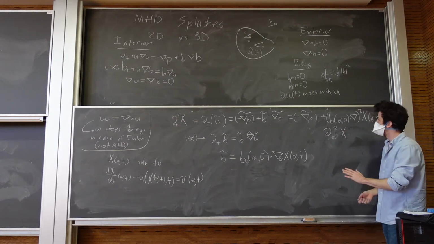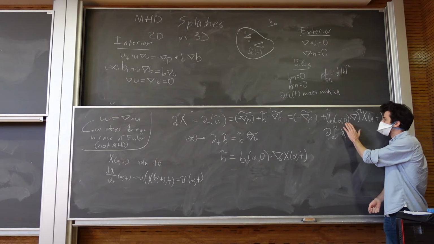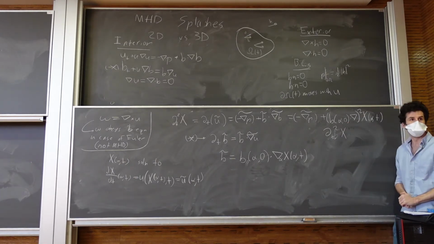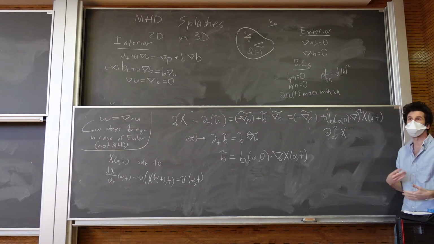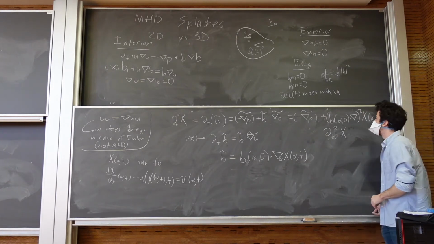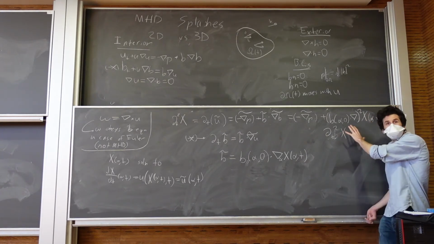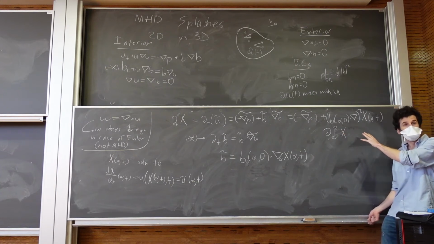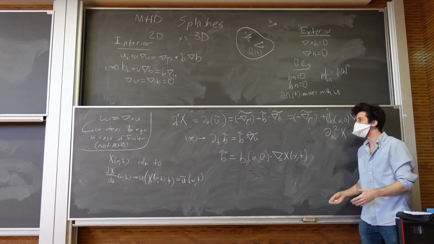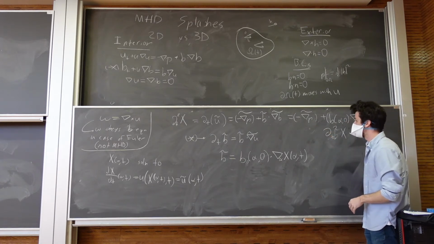Because notice right now, this is only differentiation in the direction of B, right? And now we're beginning to see why maybe there's a difference between the 2D picture and the 3D picture. So this is like a one-dimensional wave equation as far as we can see at this moment. I mean, there's more terms hidden in gradient of P, but we have to do some work to sort of uncover them.